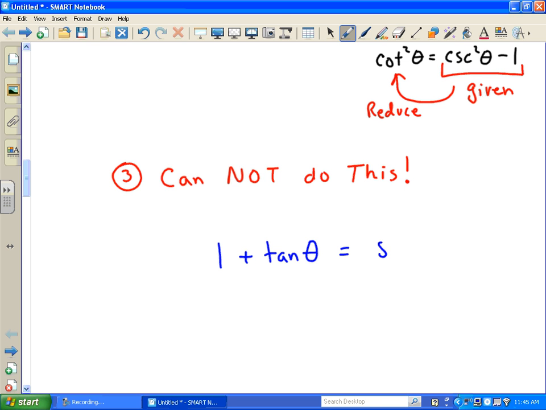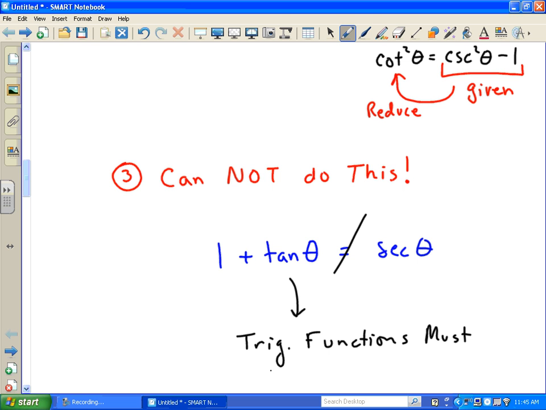Isn't that equal to secant of theta? No, it's not equal to that, because in the formula, the trig functions must be squared. So I'm going to put on here the trig functions must be squared.